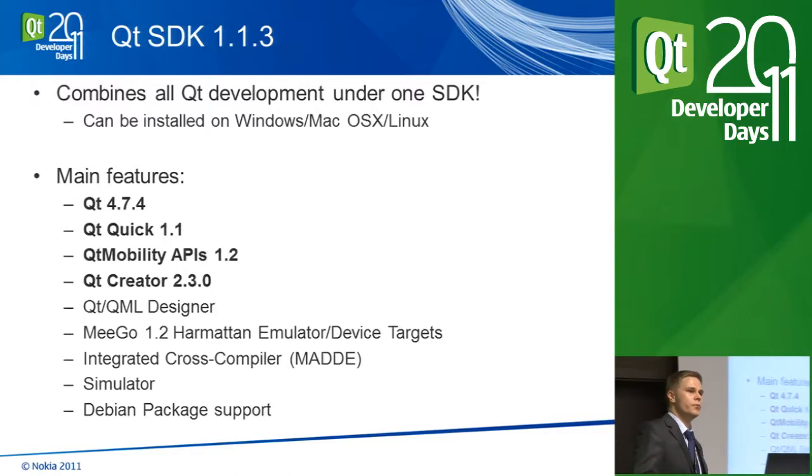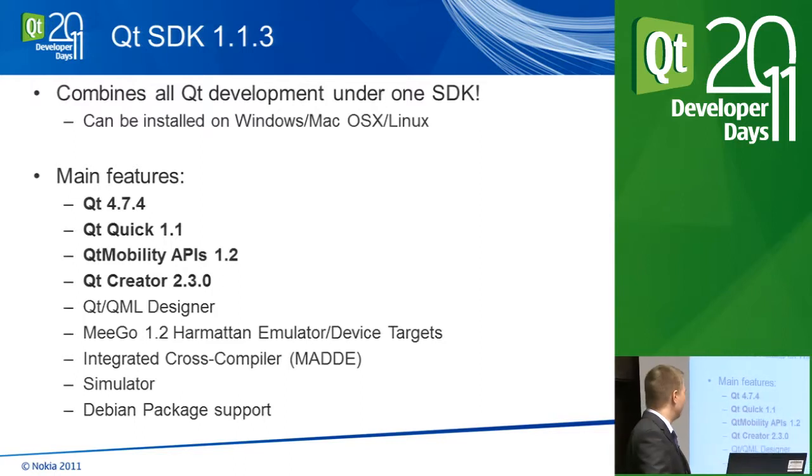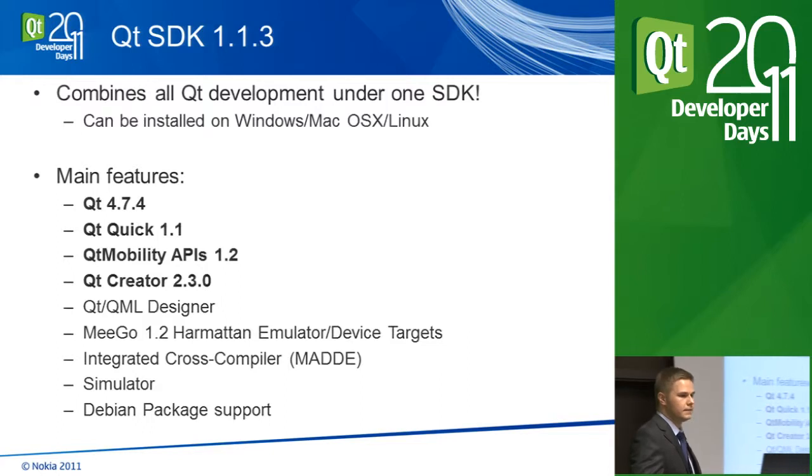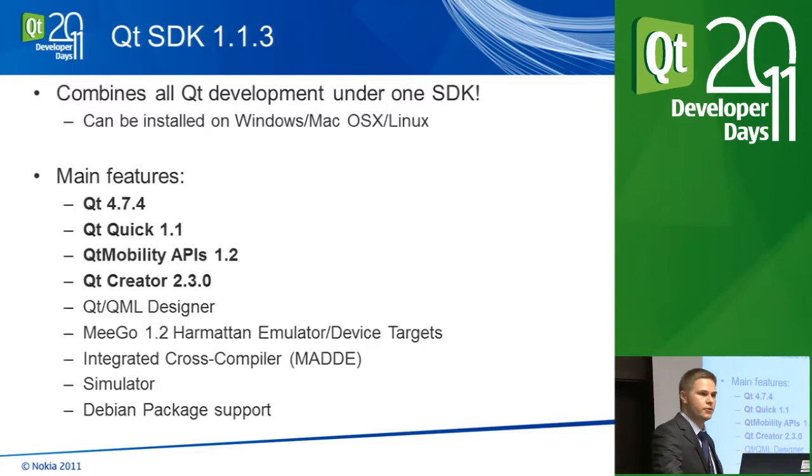It's now 2.3.1, but that's the latest version. Also, you'll get things like compilers that you need. You get a simulator for trying out how your application would look on a mobile device.